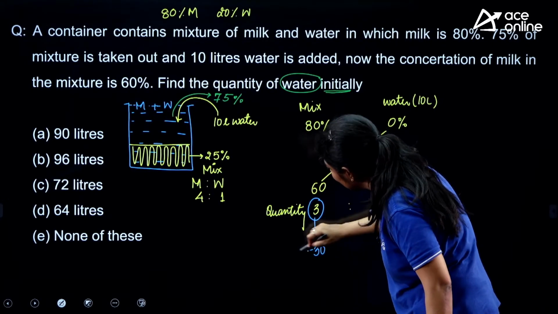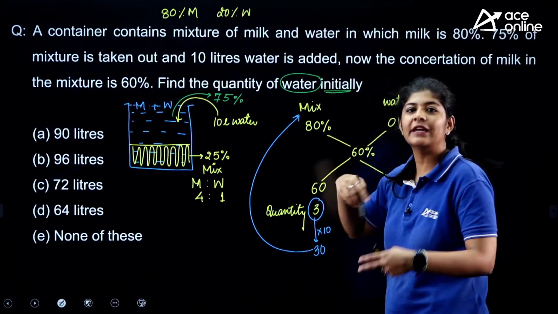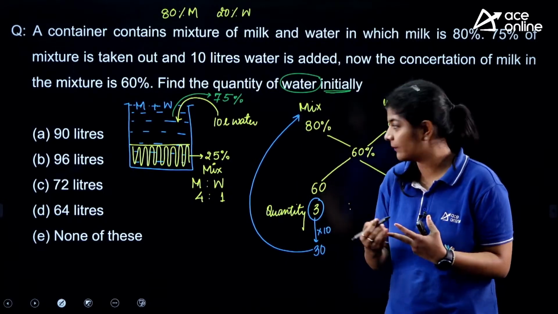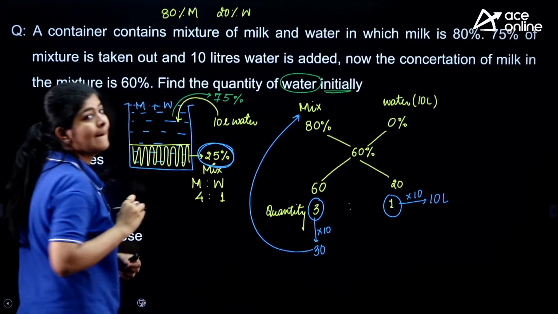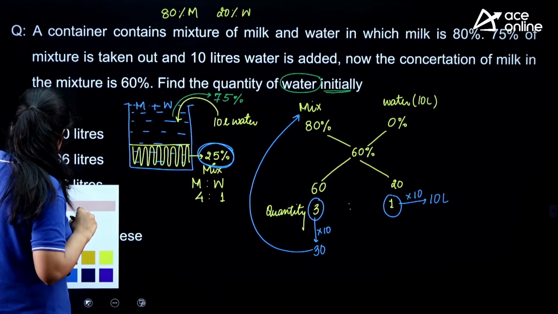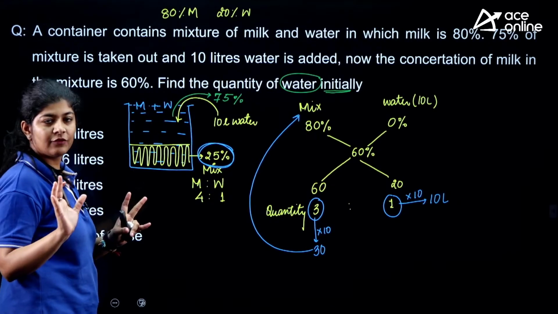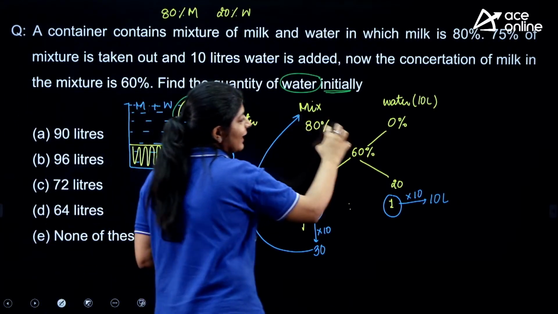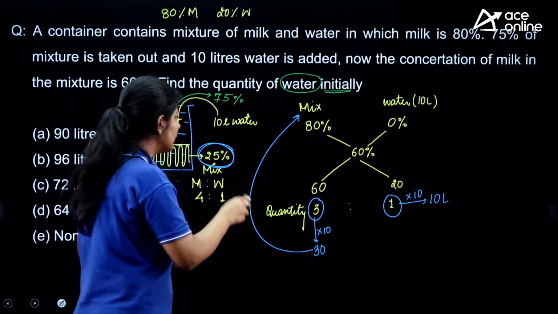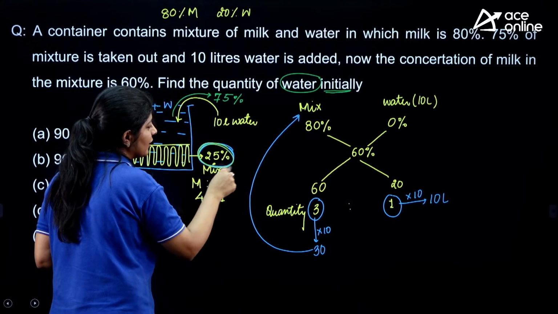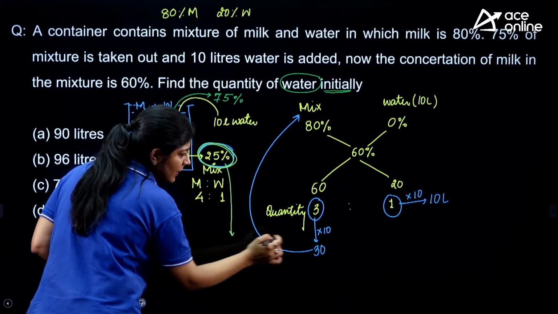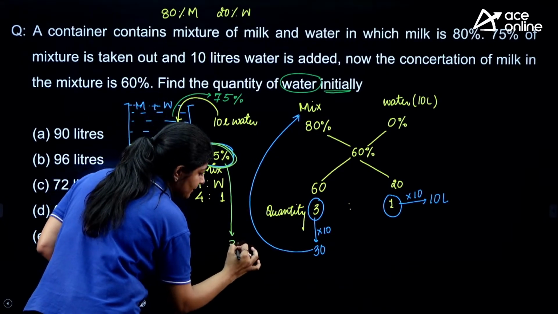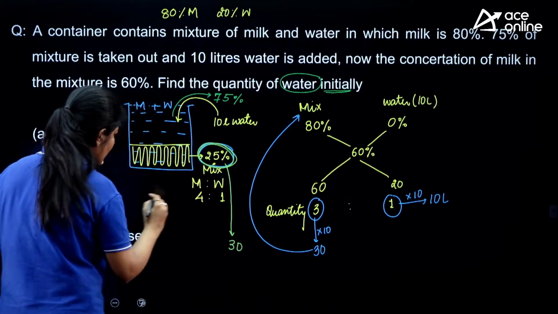But here this is the quantity of the mixture that we are using, and we are only using 25% of the mixture, because initially we are having 100% of the mixture. So the value of this 25% of the mixture is 30.